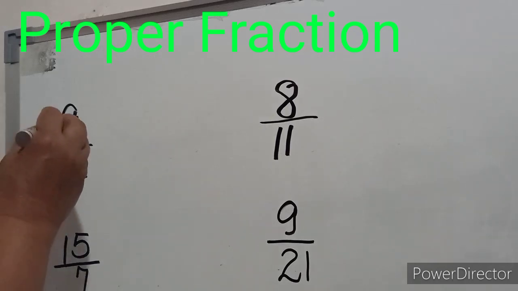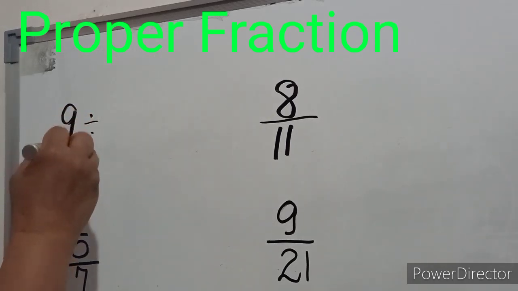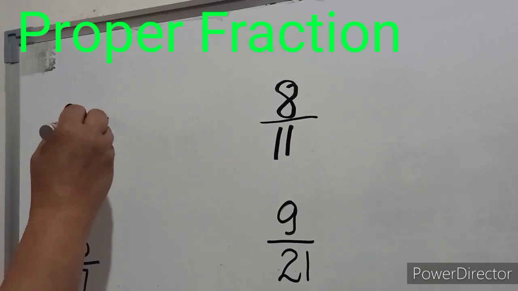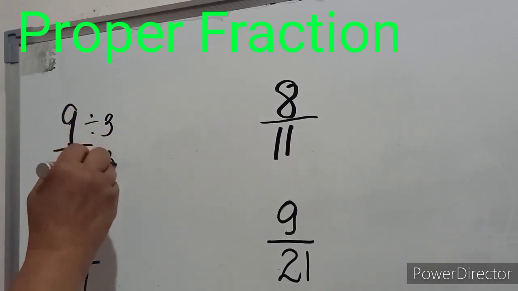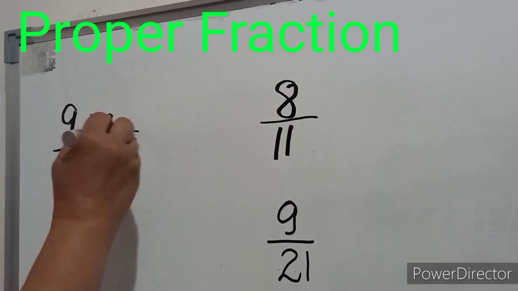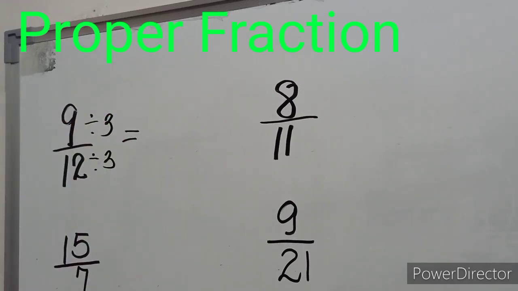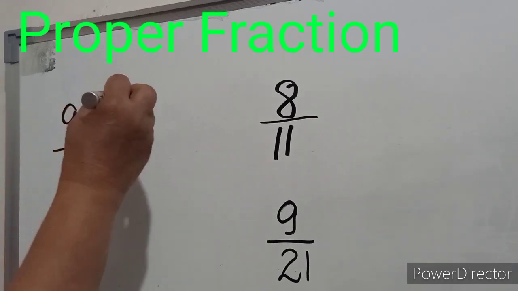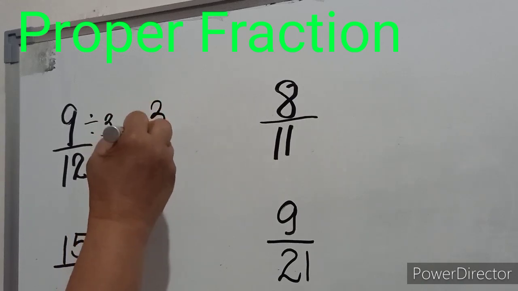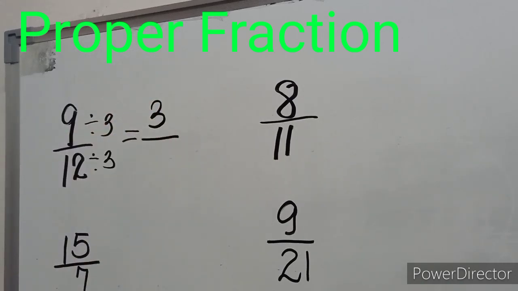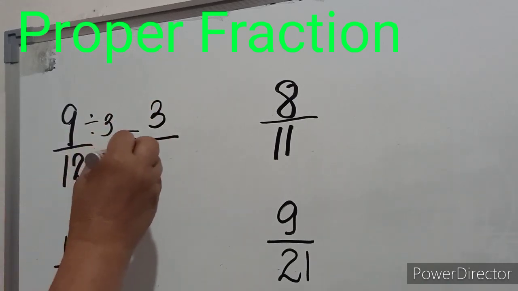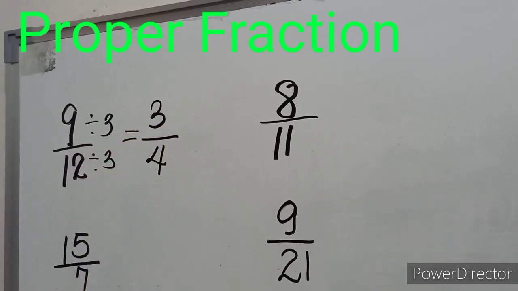Thus, we need to divide both numerator and denominator by their common factor, 3. Therefore, 9 divided by 3 will give us 3, while 12 divided by 3 is equal to 4. So take note that 3/4 is the simplified form of 9/12.